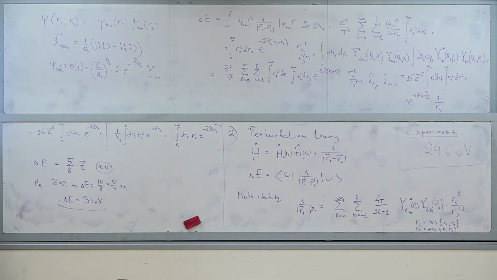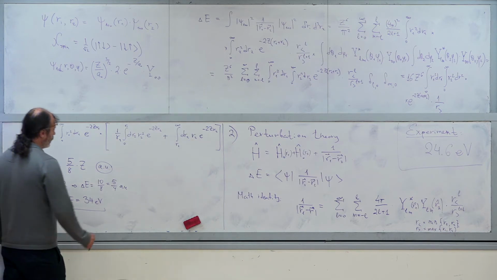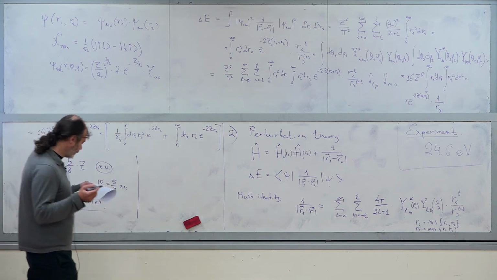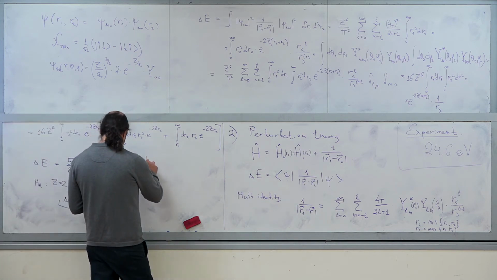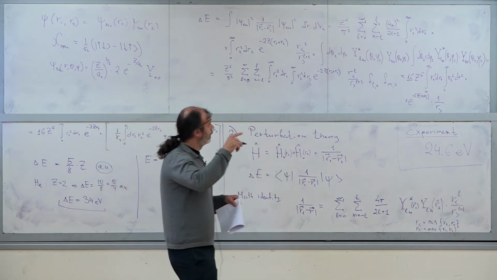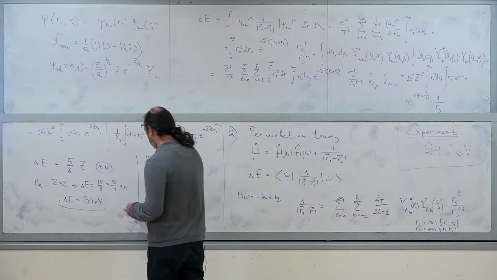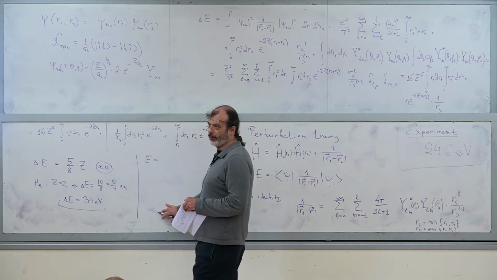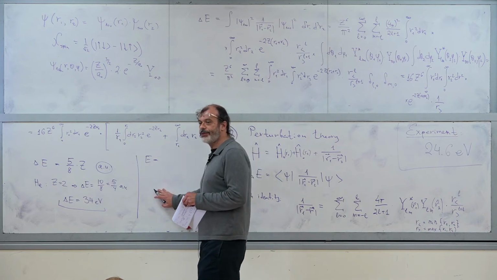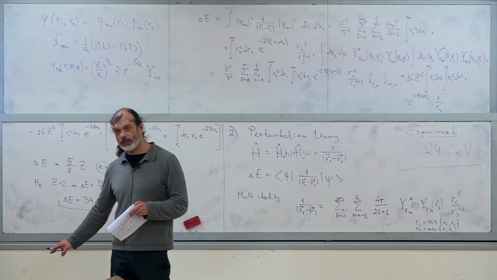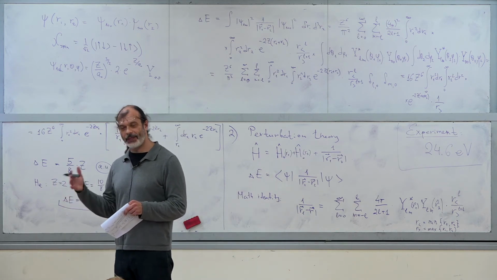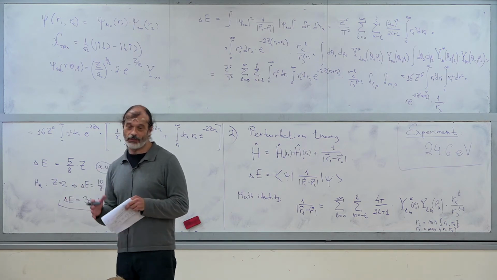Okay? So that means that if we now calculate the total energy, it will be the sum. We had the calculation of two electrons equal to minus 109 electron volts if there is no interaction between the electrons.